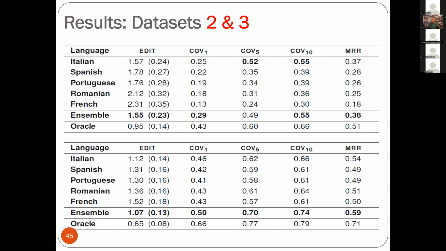But when we use the larger database, our database of around 3,000 cognate pairs, we see that for the ensemble we obtain a difference of one in terms of edit distance, almost 1 letter difference between our results and the real proto-word.